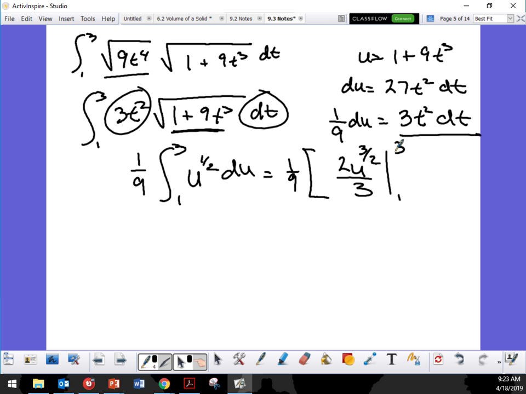Okay, so that's going to be, I don't know, it comes out something like this: 1/9 bracket 6 rad 3 minus 2/3.